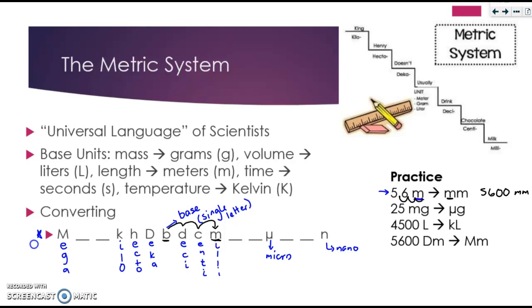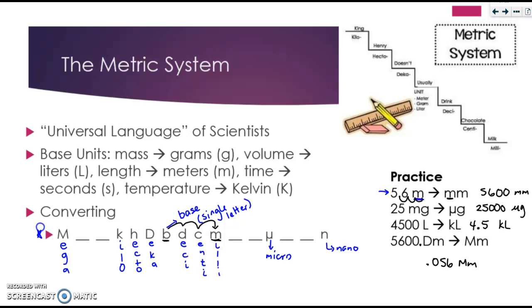Please pause the video and try the additional 3 problems. And here are your answers. It is really important that you remember when the decimal is not shown that it's at the end of the number.